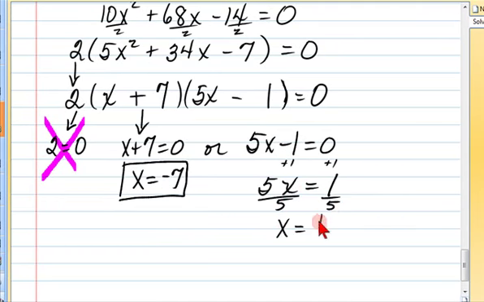X is 1/5. So in this problem, I could see very clearly that if my factor is x plus 7, my answer is x equals negative 7. It might be a bigger leap to go from this factor to this answer. So sometimes it's good to write your steps down.